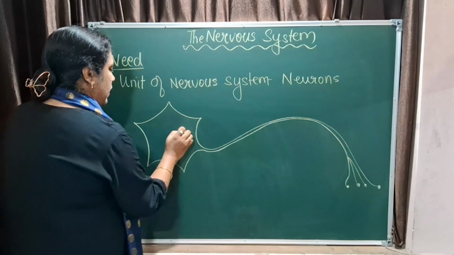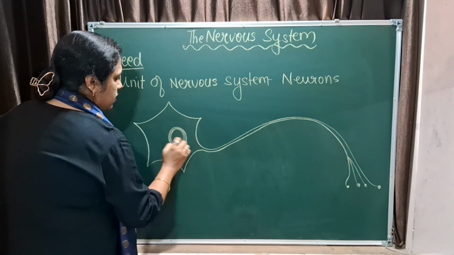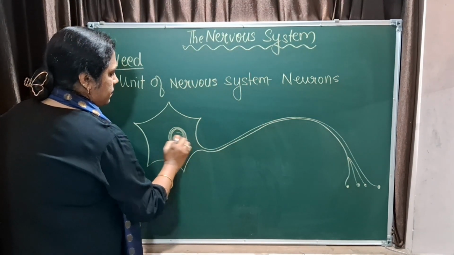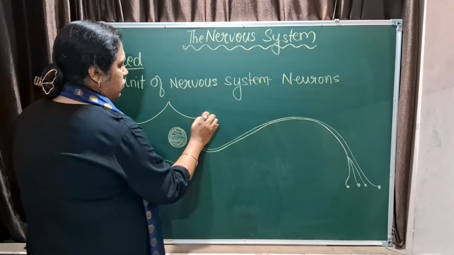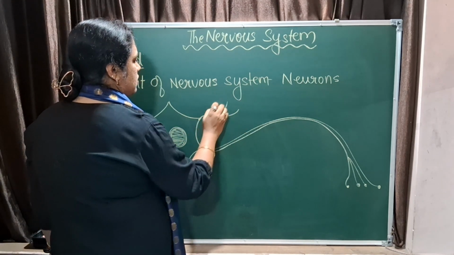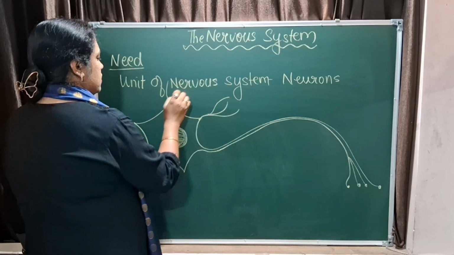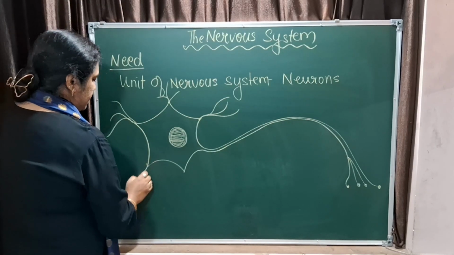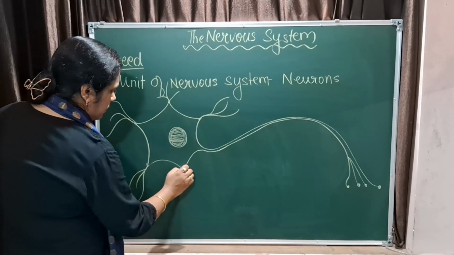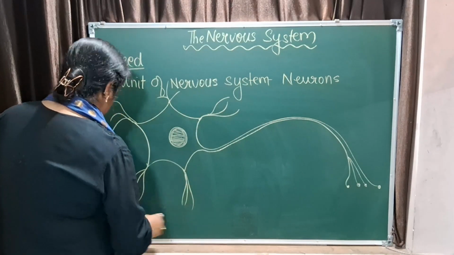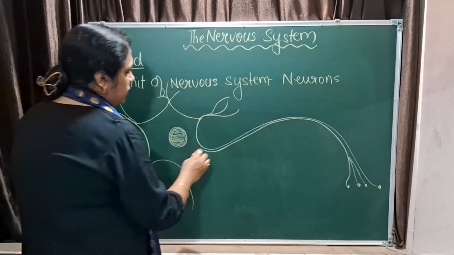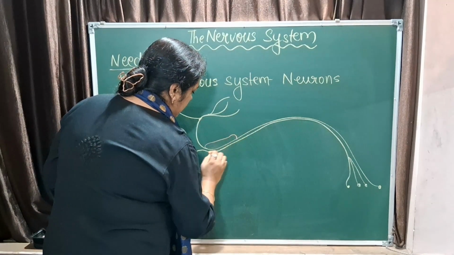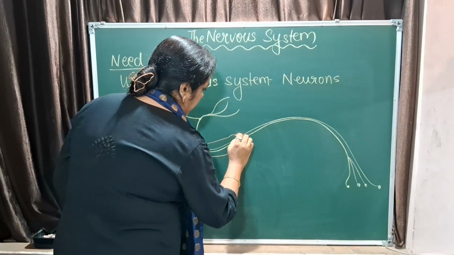You have the nucleus, and you have the cellular extensions that are called the dendrites. Now you have a cell which covers your axon.